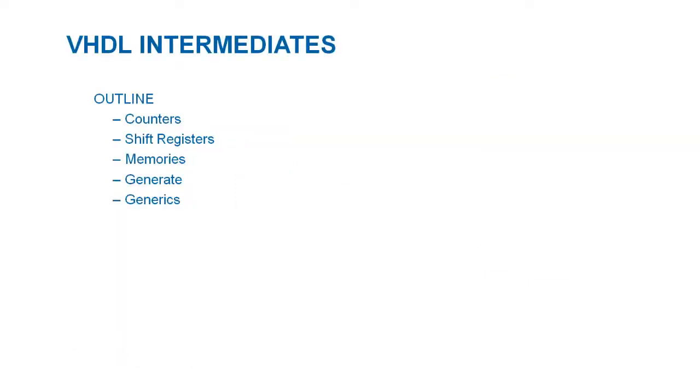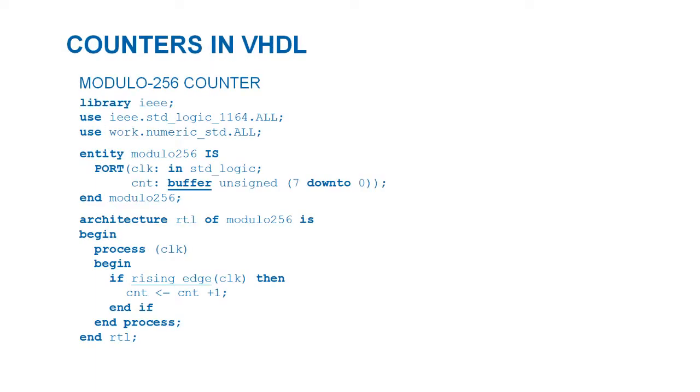To guide us in this discussion, we focus a little bit on counters, shift registers, memories, and generics. Counters in VHDL are perhaps the most basic thing that you should be able to do efficiently, because with counters you'll be able to go through a lot of finite state machines.